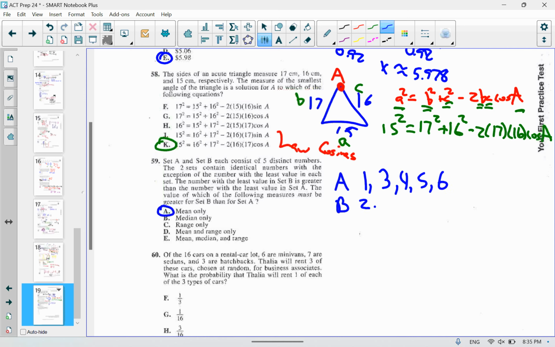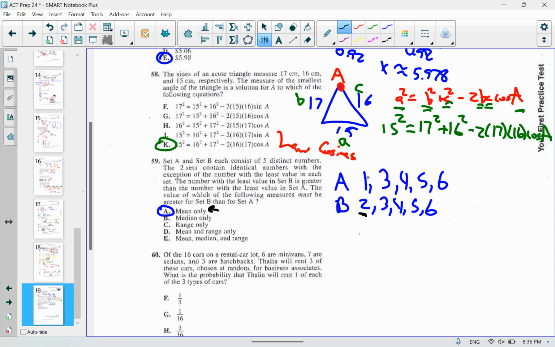And let's use set B as 2, 3, 4, 5, 6. The rules just said the last 4 had to be identical, and the smallest number in set B is bigger than the smallest number in set A, which is true. Okay, the mean is the average. So because B has a higher number at the end, the one difference, its average is going to be bigger.